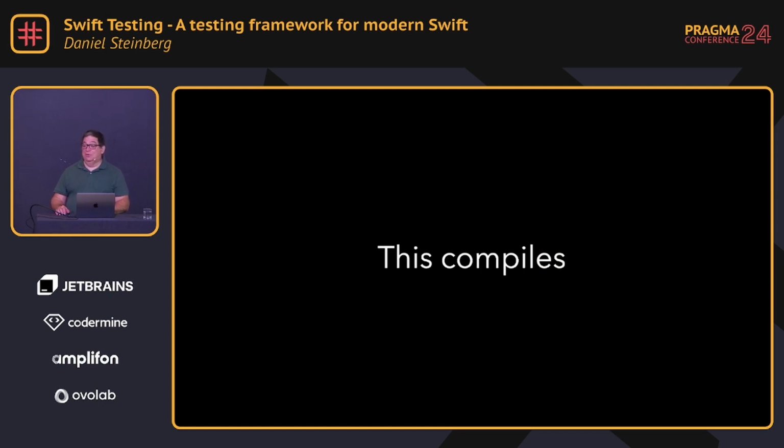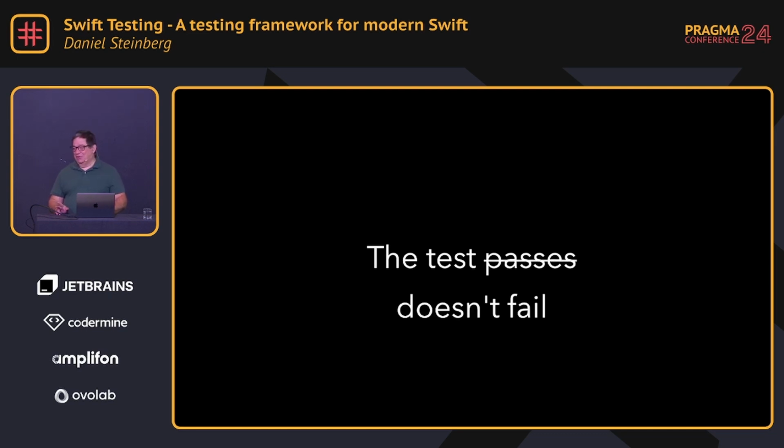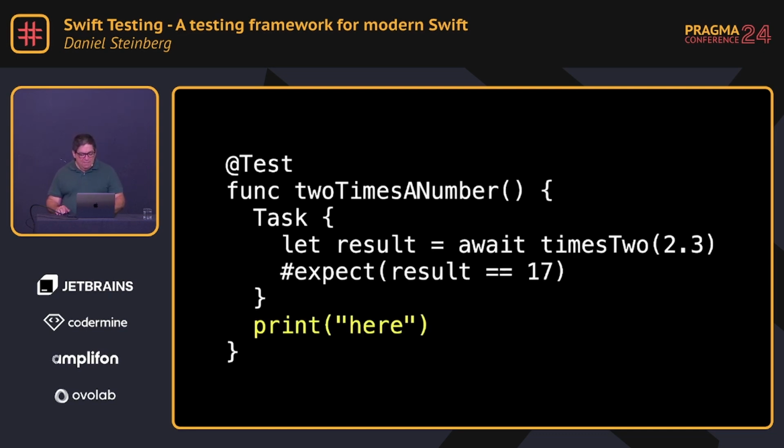It compiles, it runs, and the test passes. The test doesn't fail, let's say. So what happens? Let's put a print here down there because we're cavemen, and that's how we debug things.